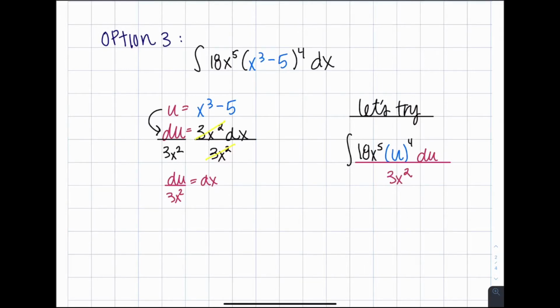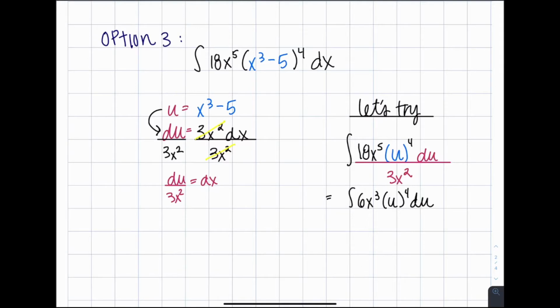If we were to try to sub that in, before we come to a conclusion that we can't do this either, there's actually some handy dandy algebra that we can use. 18x to the 5th over 3x squared can be simplified. They can be simplified because their base of x is the same. So we end up getting the integral of 6x cubed times u to the 4th du.